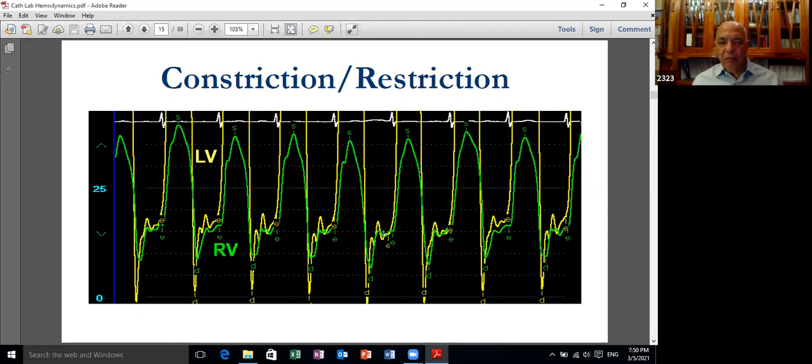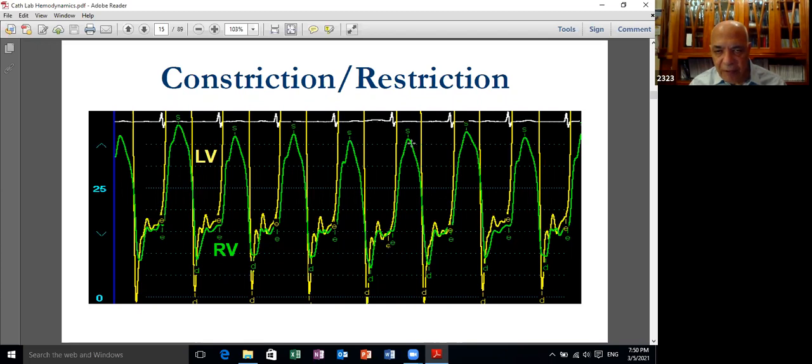So this square root sign indicates a gross early diastolic filling of either ventricle, and then at the same time, because of the pressure of the thickened pericardium, it immediately produces a considerable rise. Usually, the right ventricular pressure in constrictive pericarditis doesn't exceed 50.